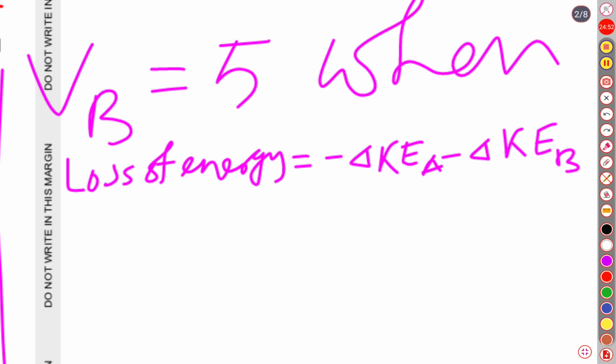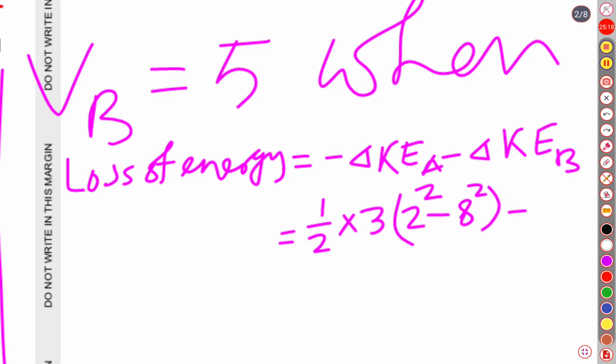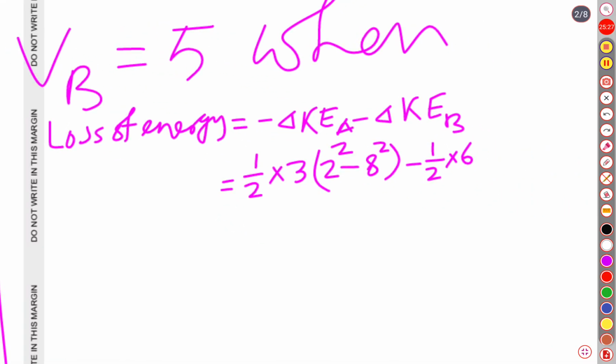Half m v square: mass of particle A was 3, final velocity after collision is 2 square minus initial velocity 8 square, minus, same way, mass of particle B was 6 and final velocity 5 square minus 0 square.